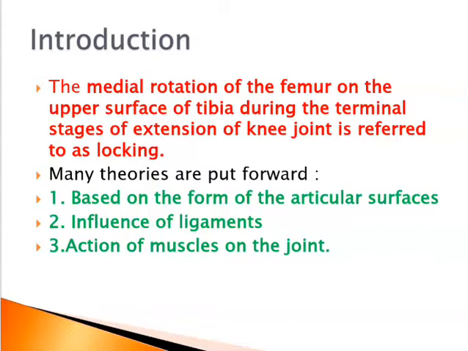Those include, first, the form of the articular surfaces. Second is influence of the ligaments on extension of knee joint and action of muscles on the knee joint. So these three things are put forward in explanation of the locking of knee joint.